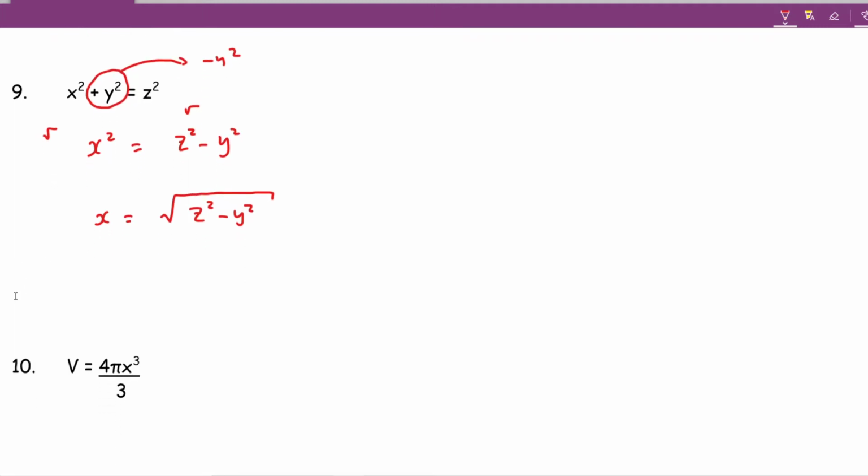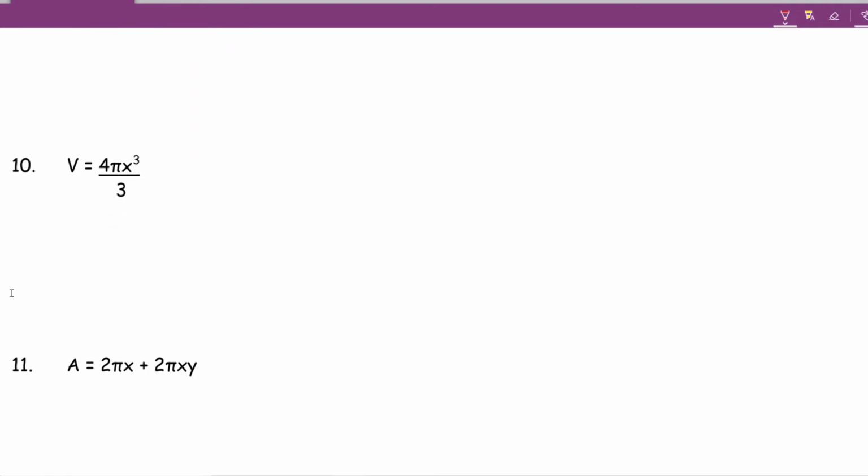Okay, question 10. I'm going to make x the subject. First of all, we get rid of the fraction, so grab this, divided by 3, and times it up. So you end up with 3v equals 4 pi x cubed.